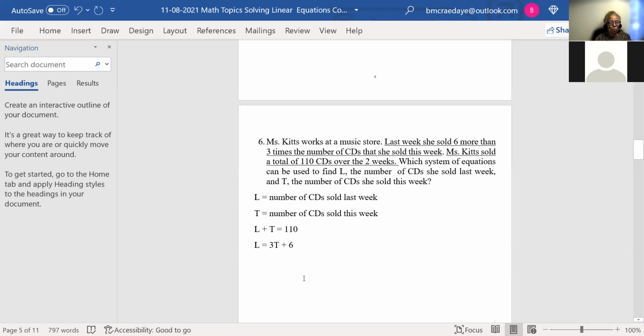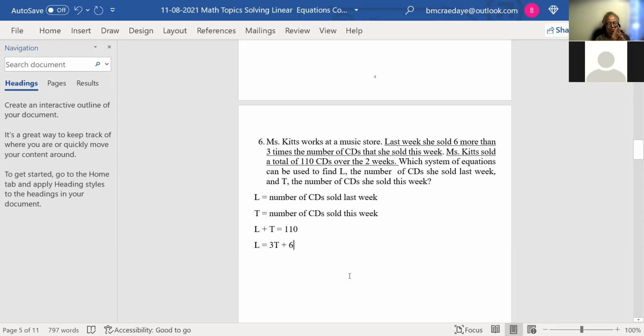Those would be your 2 equations. Which system of equations? Those would be the 2. L plus T, the total sold over the 2 weeks, is 110. L, the amount sold last week, is 6 more than, add 6, the 3 times the total she sold this week.